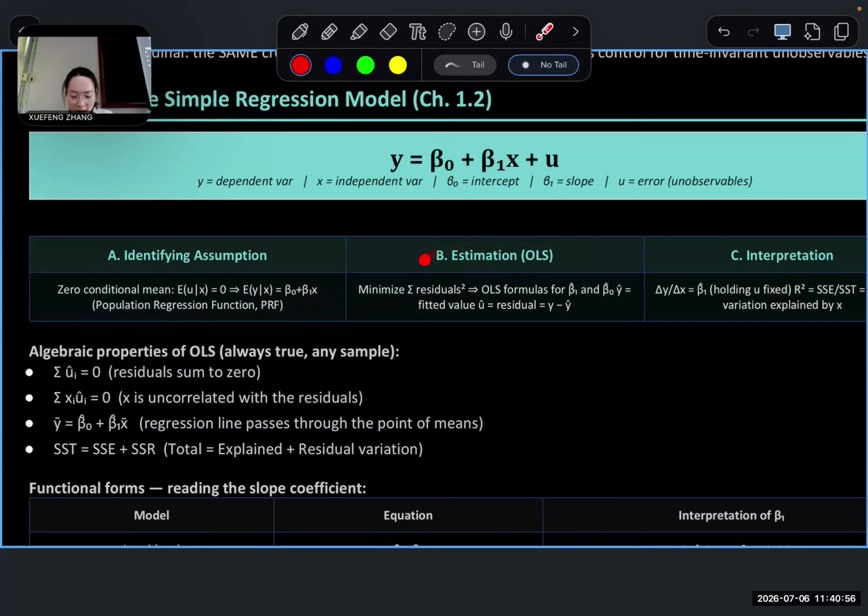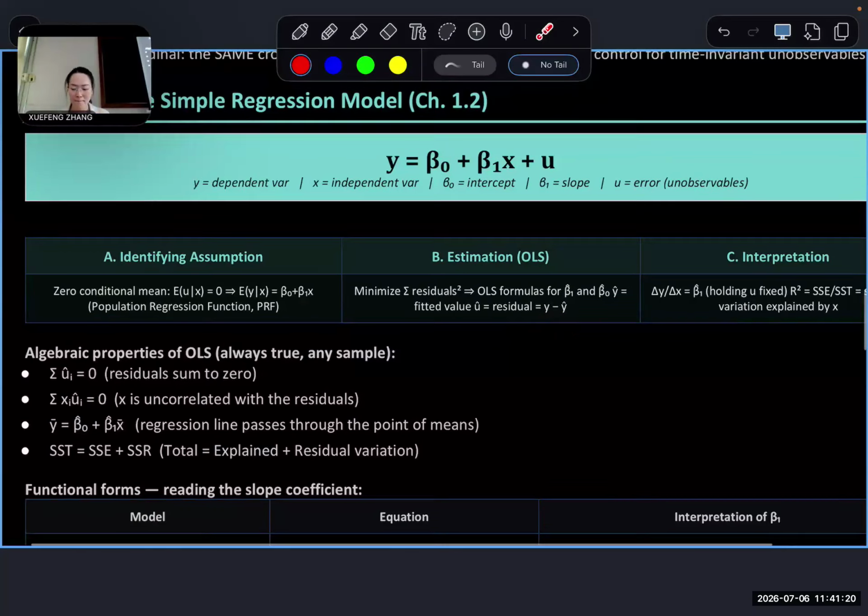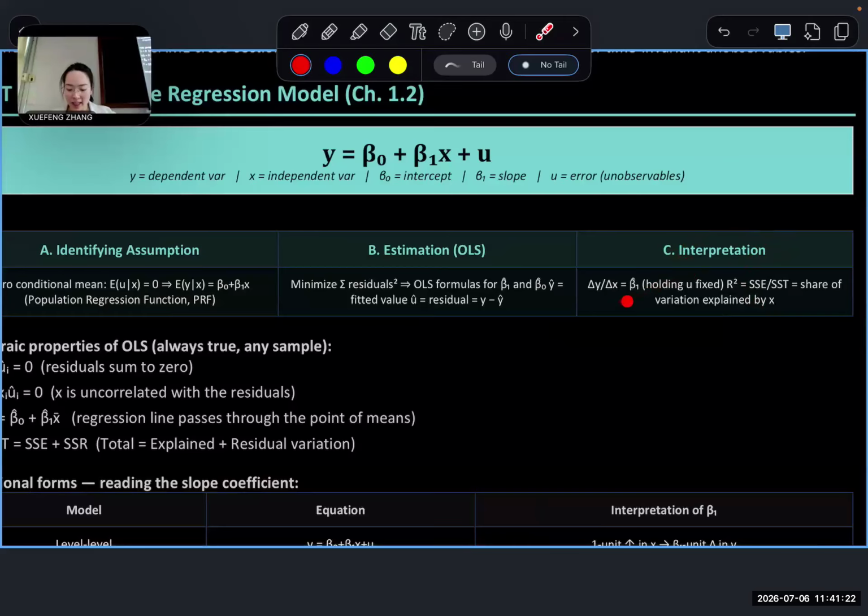And then how we estimate OLS, we want to minimize sum of squared residuals, okay? And then we use OLS formula to find beta 1 hat and beta 0 hat. Y hat means the fitted value, and u hat means the residual equals the true Y minus the fitted Y. About the interpretation, okay, holding u fixed.